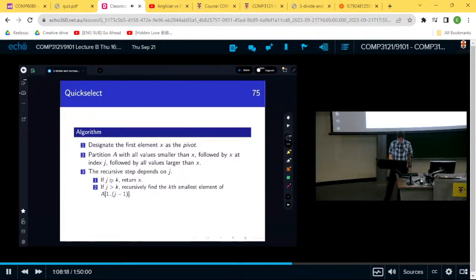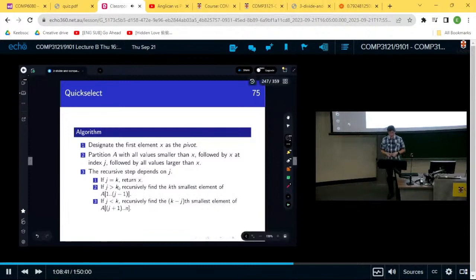If our pivot happens to be the k-th smallest element, then we just return it. If our pivot is at a place larger than k, then the k-th smallest element will be to the left of the pivot, so we only need to look at the left part of the array. Otherwise, we will find it in the right part of the array. In that case, we can discard the first j elements of the array, and instead of finding the k-th smallest element in the resulting array, we will find the (k minus j)-th smallest element of that array.